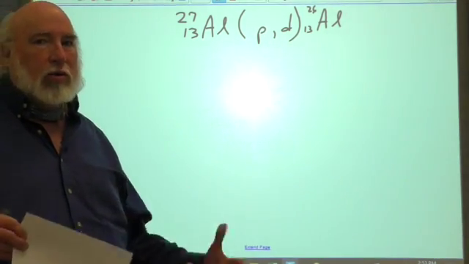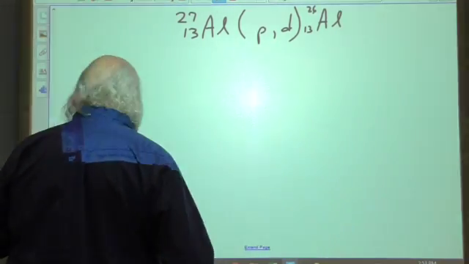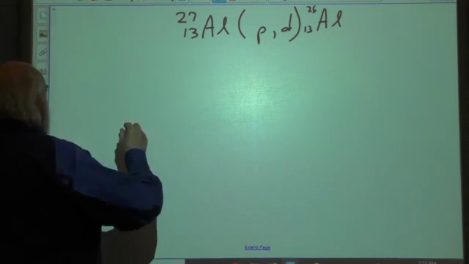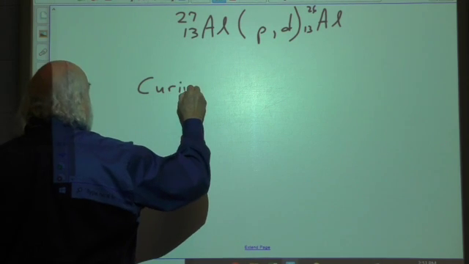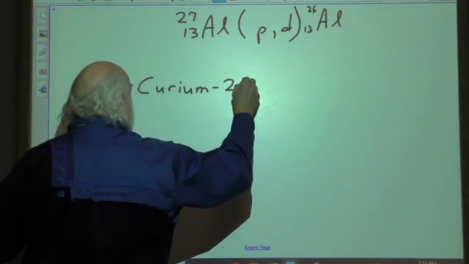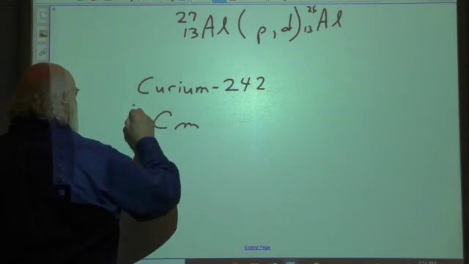So we can create new elements by using this bombardment treatment. An example of that would be curium-242, which we could also write as this symbol.